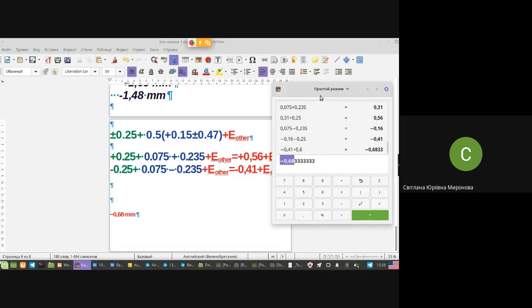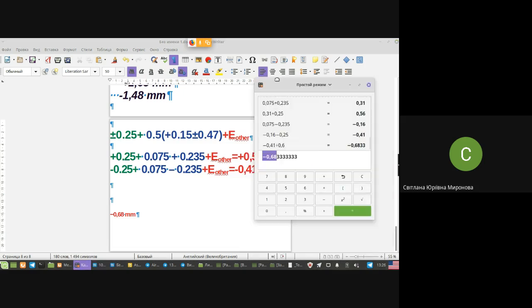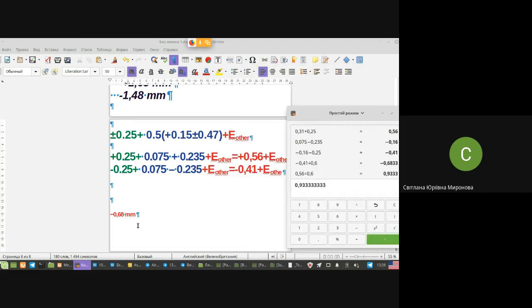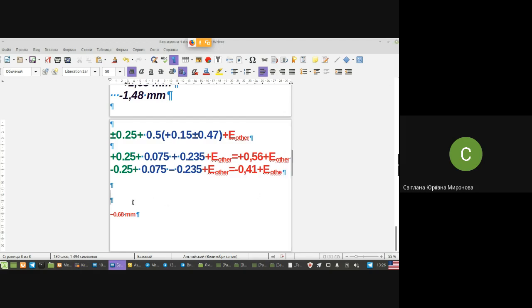What about this value? 0.56 divided by 0.6 equal to 0.933, plus 0.9 millimeters.